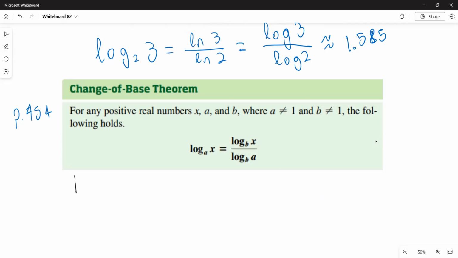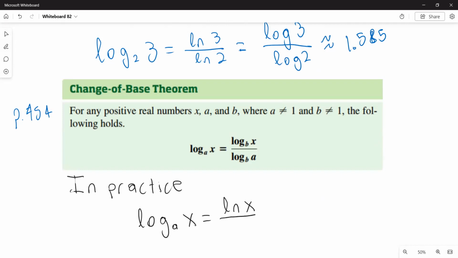In practice, we have either the decimal logarithm or the natural logarithm. So logarithm with base a of x is either the natural logarithm of x over the natural logarithm of a, or the common logarithm of x over the common logarithm of a.